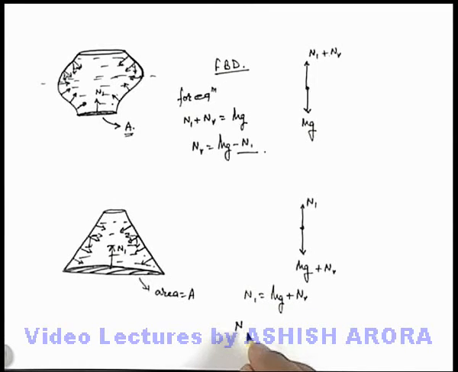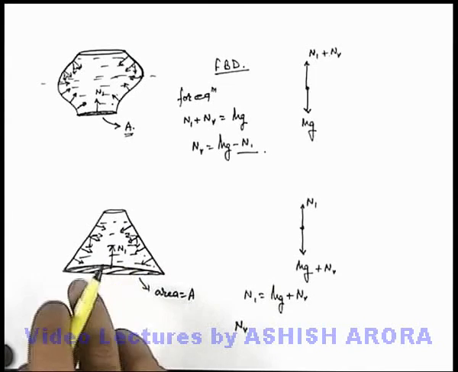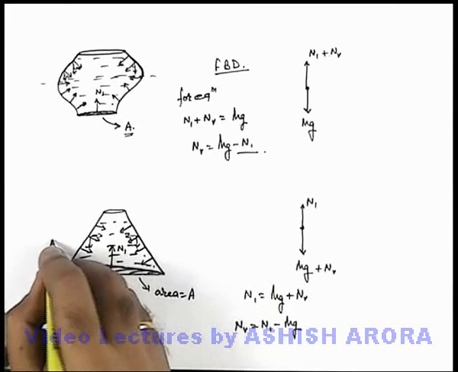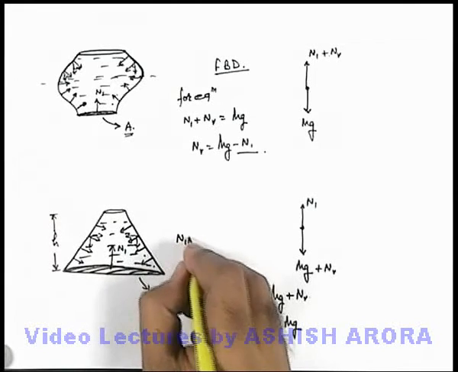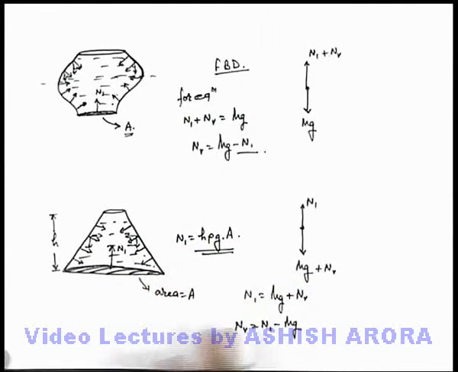So the force exerted by the side walls on the fluid, which is always in the vertical direction and here is vertically downward, can be given as N1 minus mg. And as usual, if h is the height up to which the liquid is filled, N1 can be written as h rho g multiplied by A. This is how we calculate the force exerted by the fluid on the side walls, or the force exerted by the side walls on the fluid. It is vice versa, in the opposite direction.